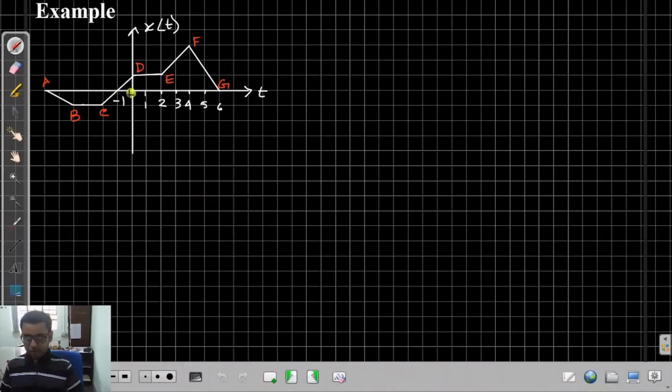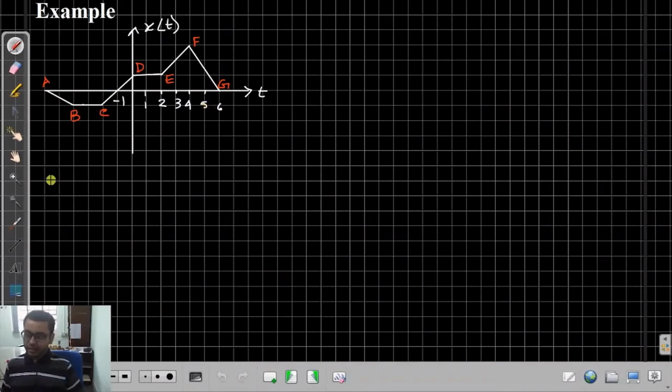Okay, let us solve one example problem. So here is the example. Some arbitrary graph x(t) is given to us, which is piecewise linear, only for the simplicity of demonstration. In general, it can be any smooth, continuous or arbitrary curve.